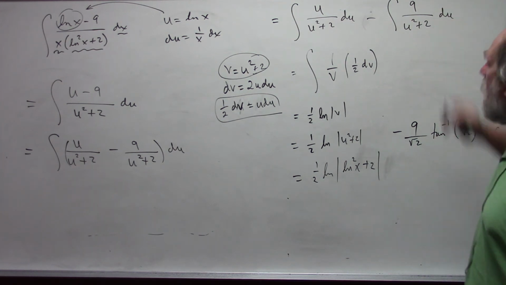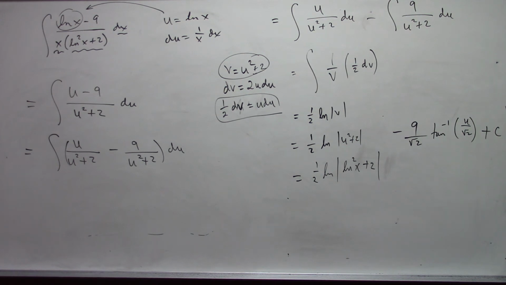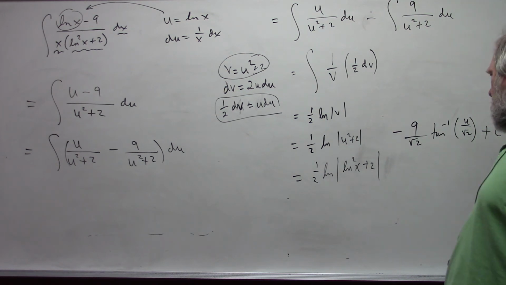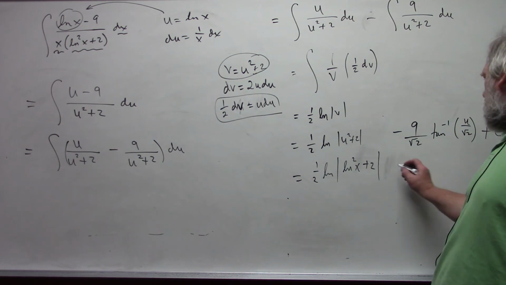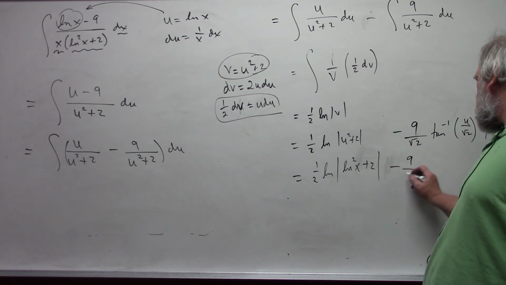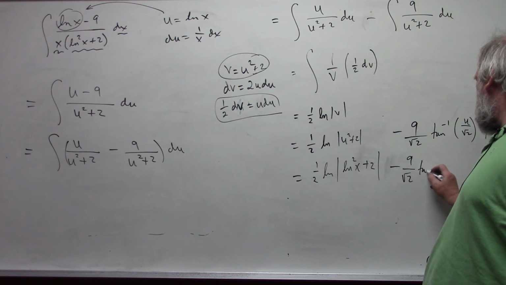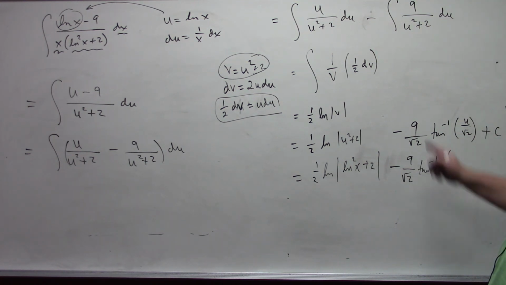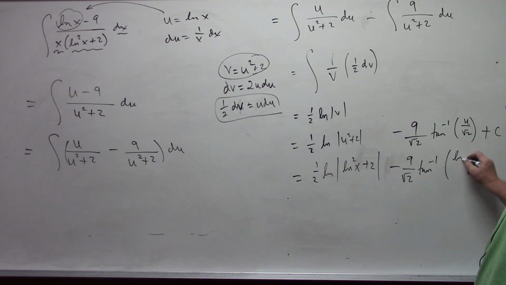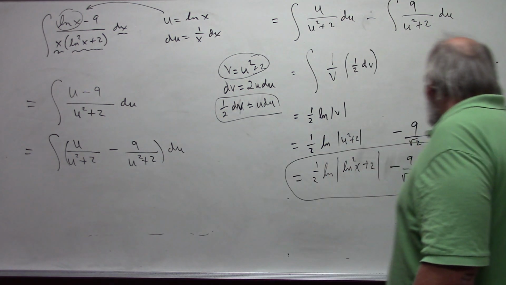All right, 1 over u squared plus 2, that's your arctan antiderivative. And so then this becomes negative 9 over the square root of 2 arctan of u, we said, was ln of x, over the square root of 2 plus c. And this is your final antiderivative.